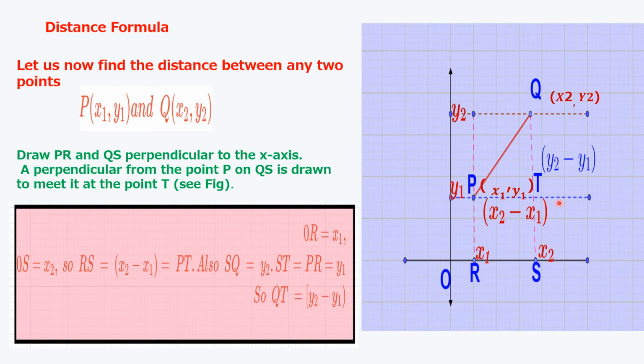Now, let us find the distance of OS. What is OS? OS is x2. The distance from O to S is x2.